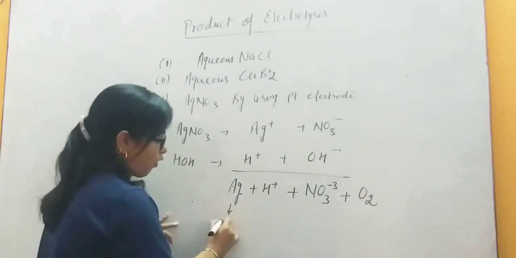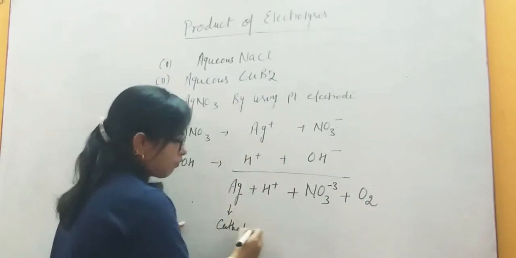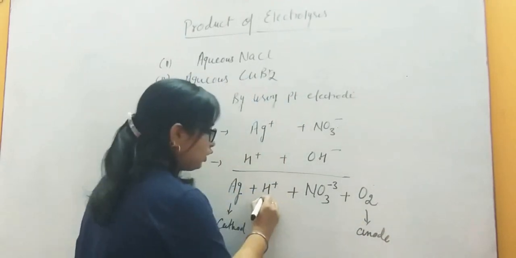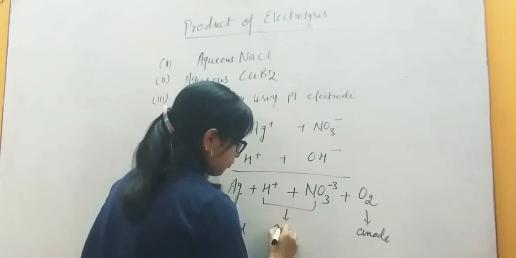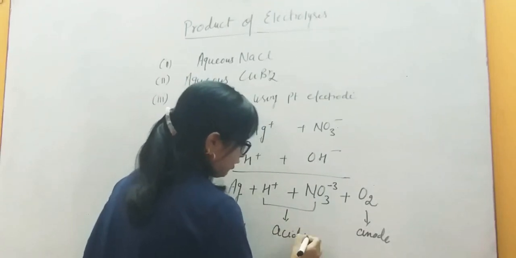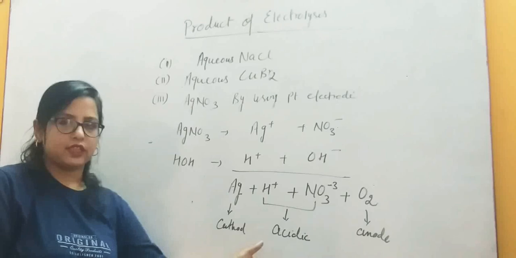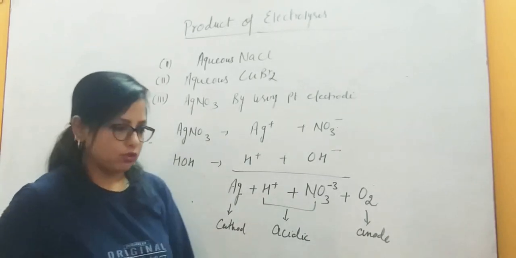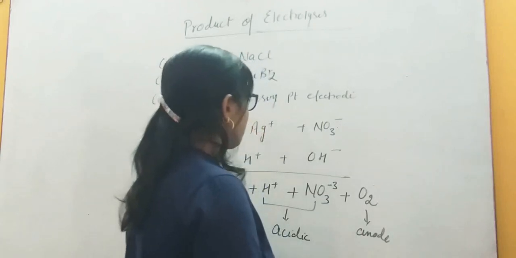So cathode forms silver and anode forms oxygen, and the solution will be acidic in nature. So this was my example, AgNO3 using a platinum electrode.